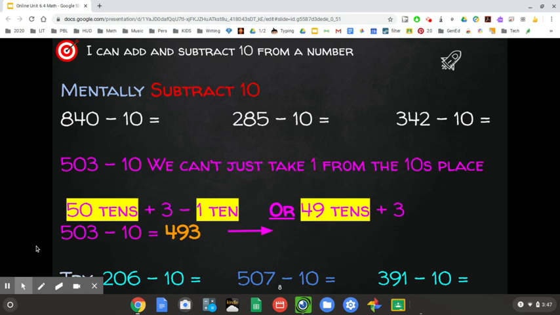Okay, now over here I have a new problem for you. We have 503 and we're going to take away 10. However, just like last time, we can't just take away 10, right? So you're going to think of it in the exact same way.